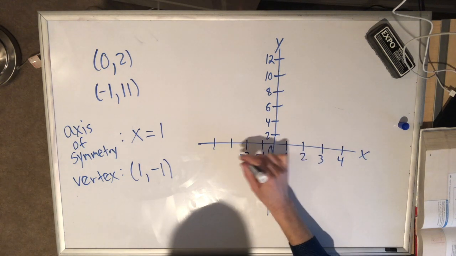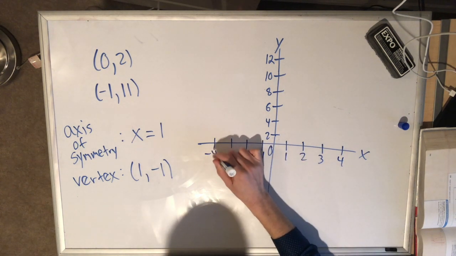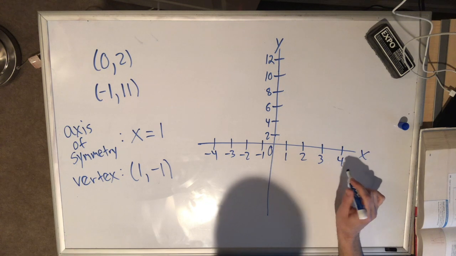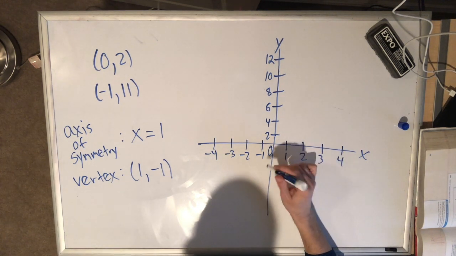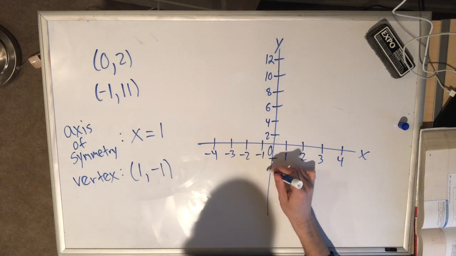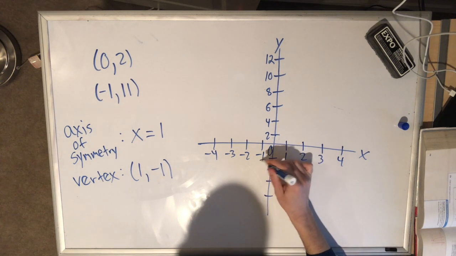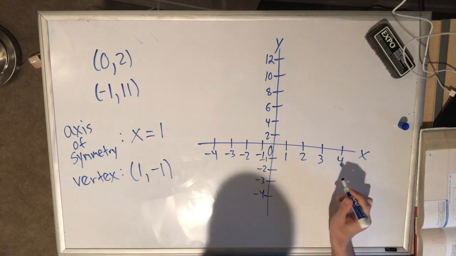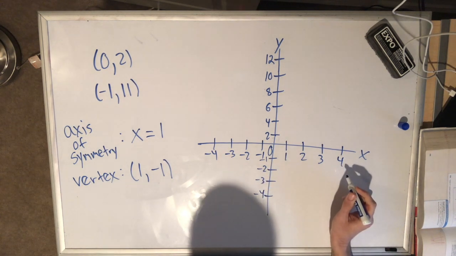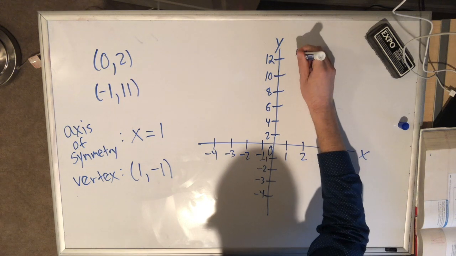-1, -2, -3, -4. Okay, so I'll put 4 tick marks on the negative y-axis. The point 1 comma... Okay, first things first.